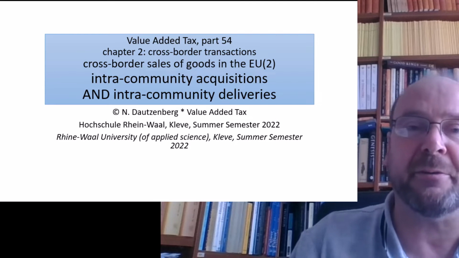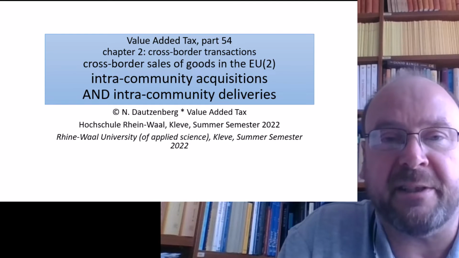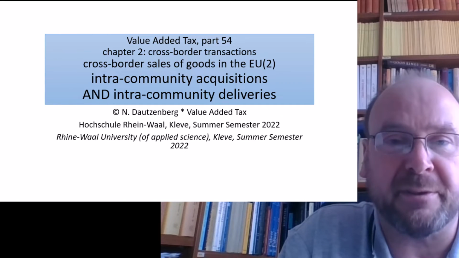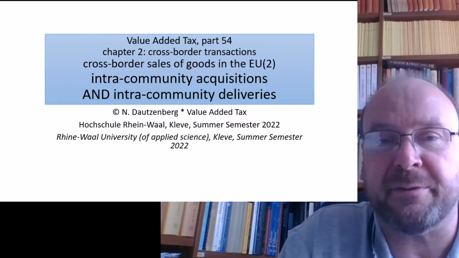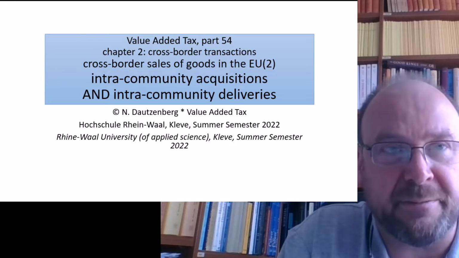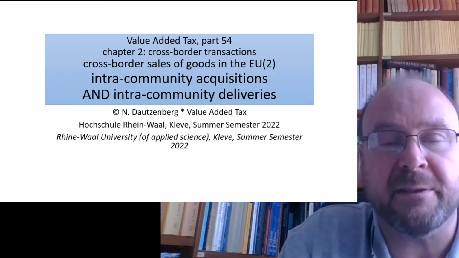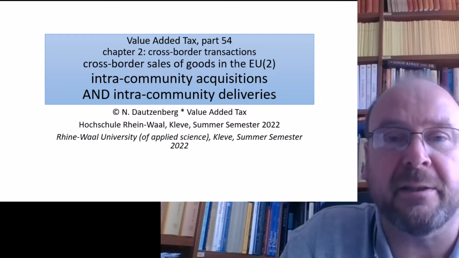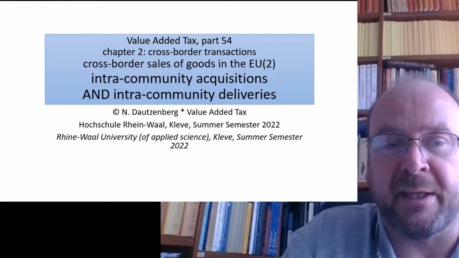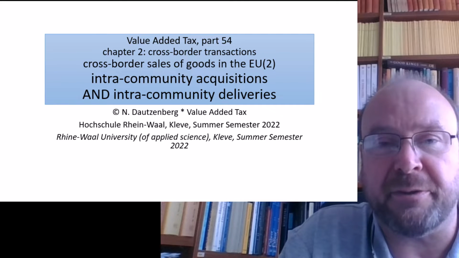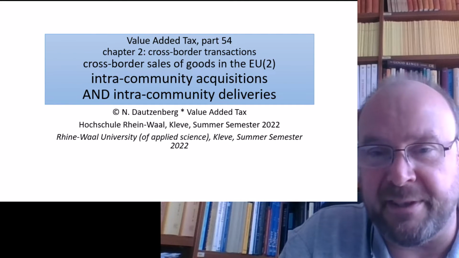And I told you there that the optimal solution for such a constellation is that if a supplier from state 1 sends a good to a buyer in state B, then in the state of destination, the buyer is usually the best person who should make the tax payment. That is exactly the solution we are going to talk about in this small video.